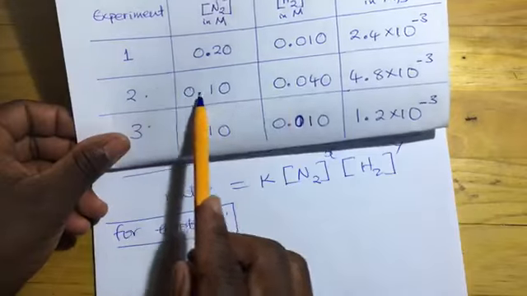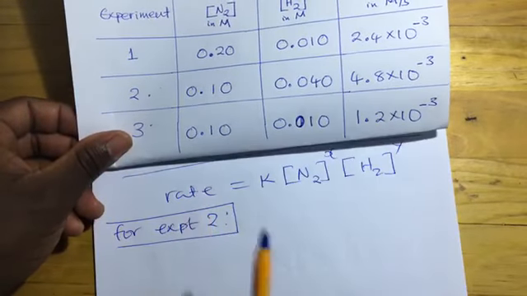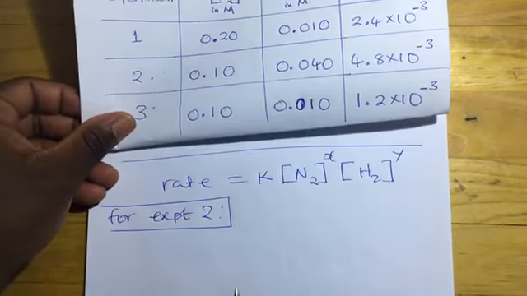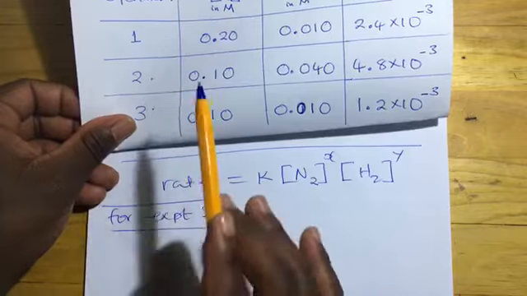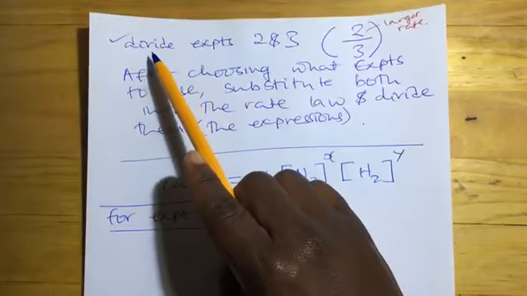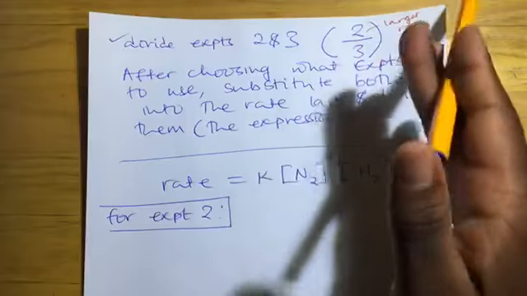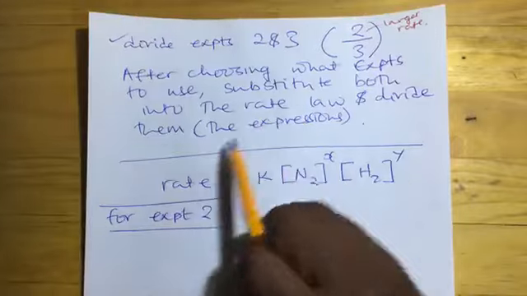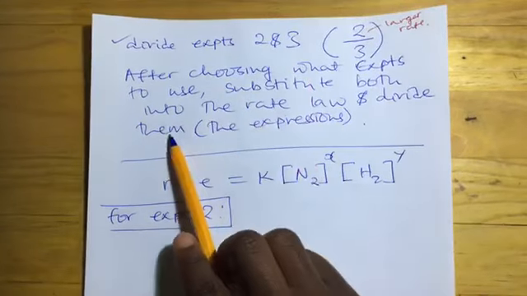So for experiment 2, guys, pay attention. Let me just go through everything that I've done. Number 1, you choose what experiments to divide, and I've told you the criteria to use. Number 2, after choosing what experiments to use, substitute both into the rate law and divide them.